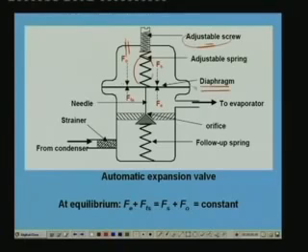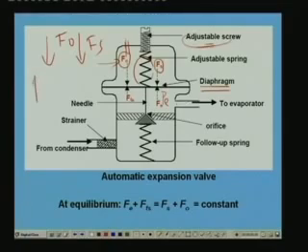So now if you look at the forces acting on the diaphragm, what are the forces acting on the diaphragm? You have one force due to atmospheric pressure acting here, that is F0, and force due to spring, that is Fs. So the force in one direction is F0 and Fs. And what is the opposing force? The first one is due to the evaporator pressure, because as I said here the evaporator pressure acts because it is connected to the evaporator.